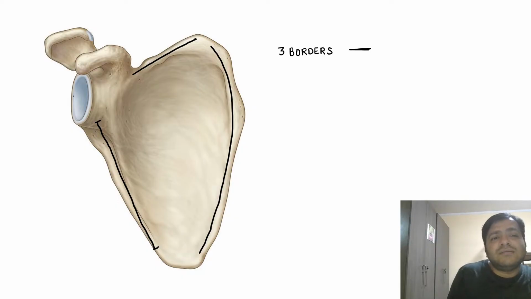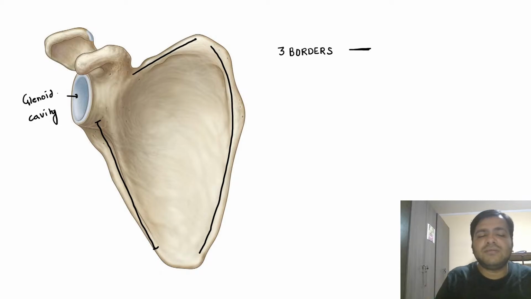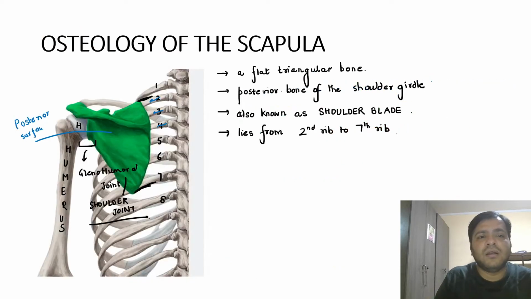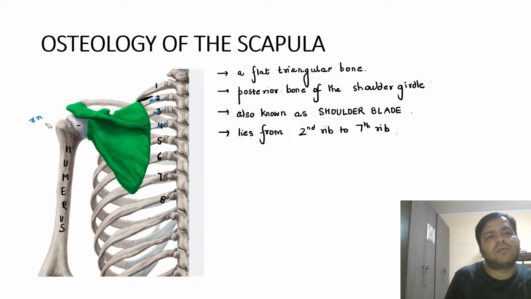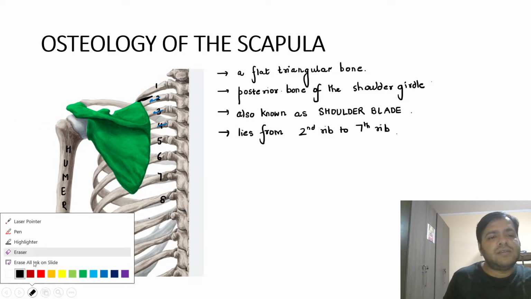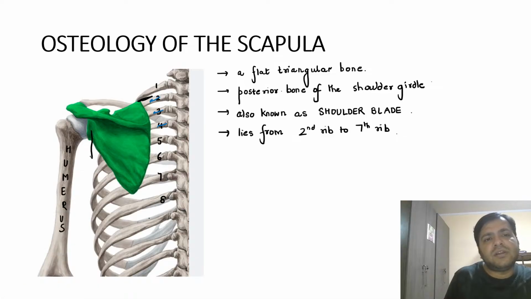Now remember guys, we have the glenoid cavity of the scapula. How to determine in the scapula which one is which border? If you look at the picture, this is the glenoid cavity.